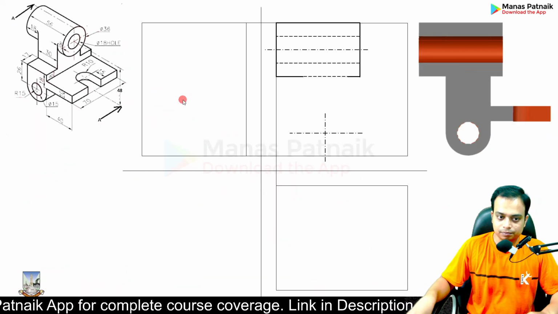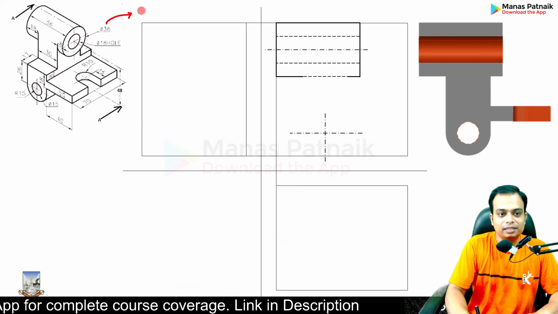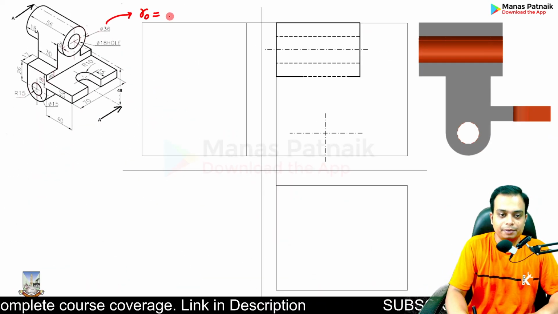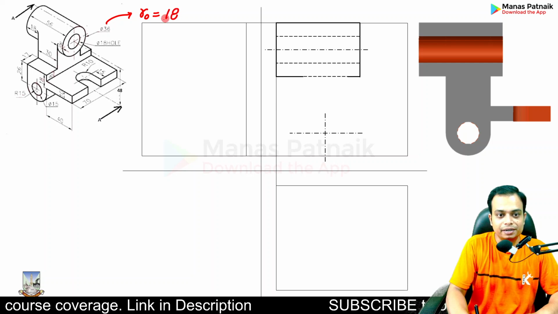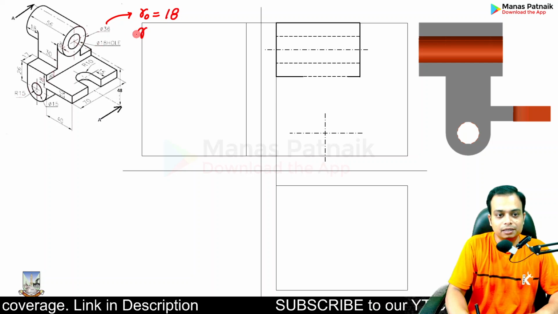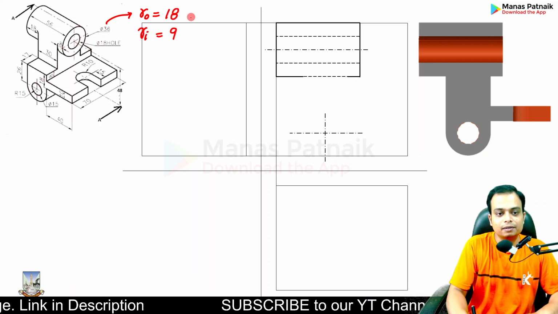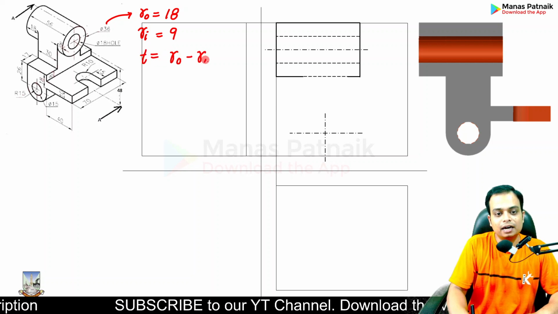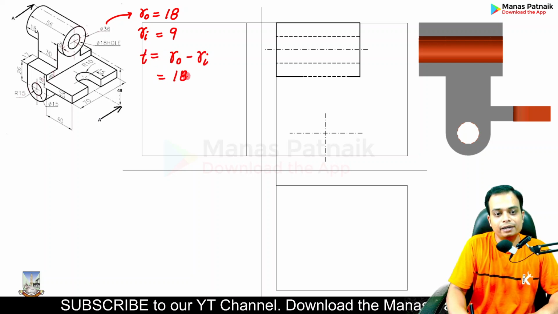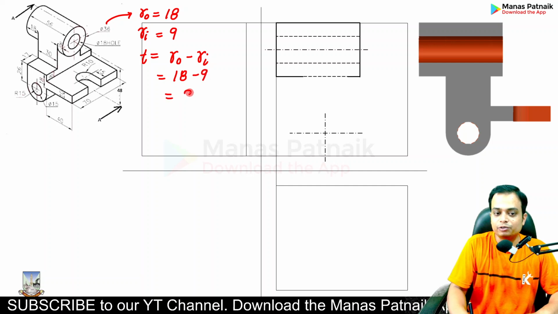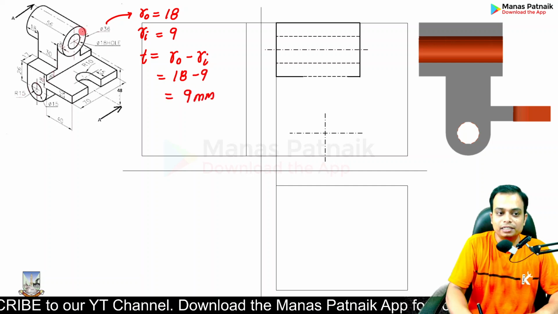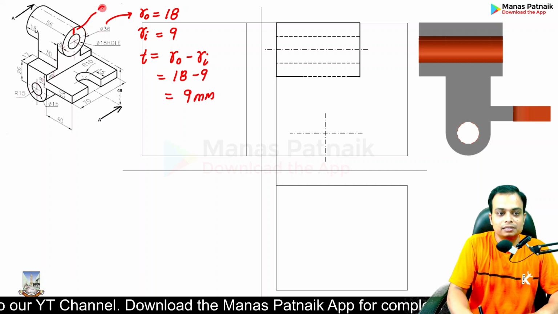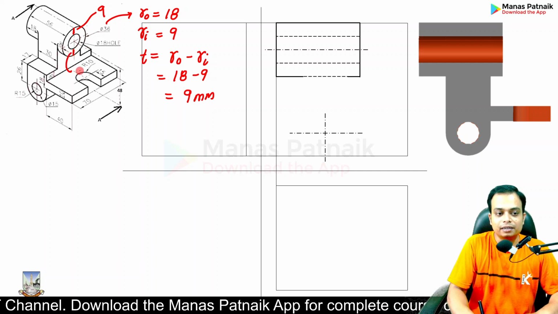R outer is going to work out as 18. Inner radius is going to work out as 9. The thickness of the tube can be worked out as R outer minus R inner, which is 18 minus 9, which eventually will work out as 9 mm. So you can say this thickness over here is 9 and this thickness over here is 9.